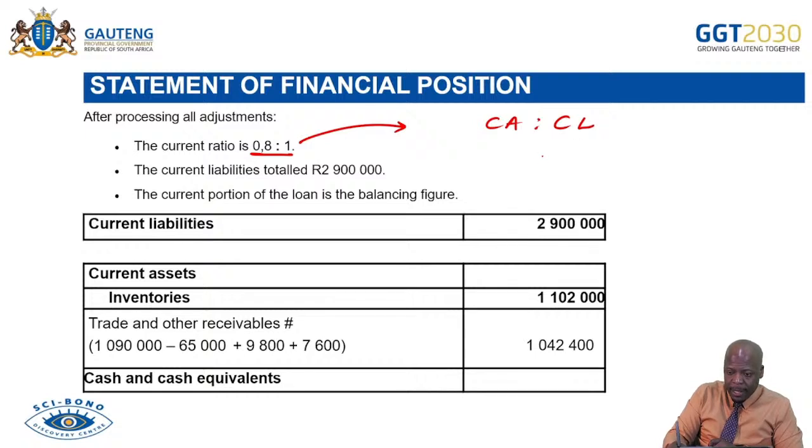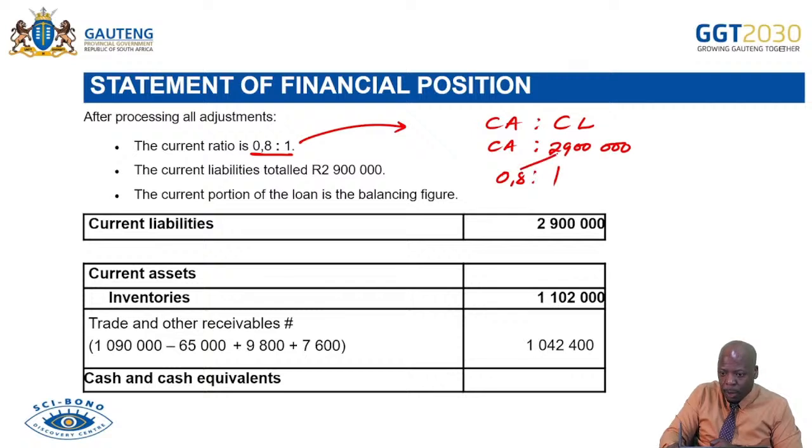We are given current liabilities, which is 2.9 million, and the ratio is 0.8:1.